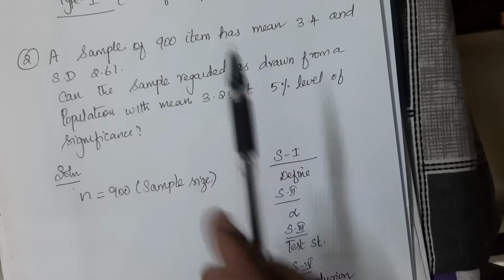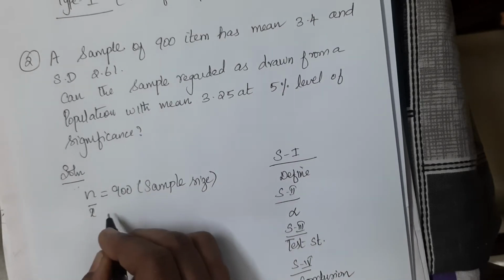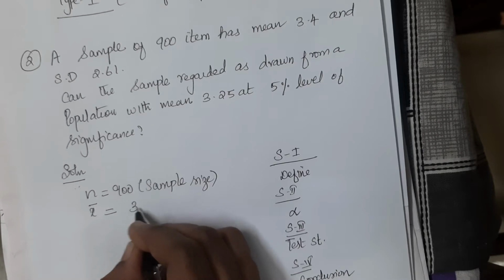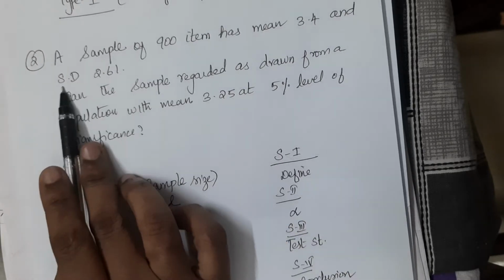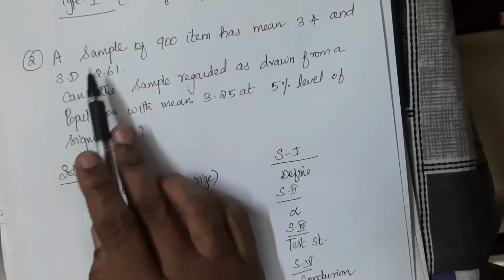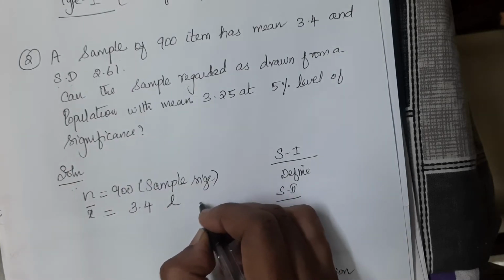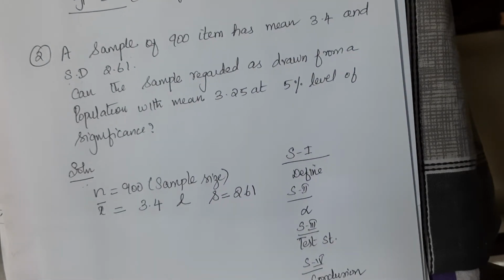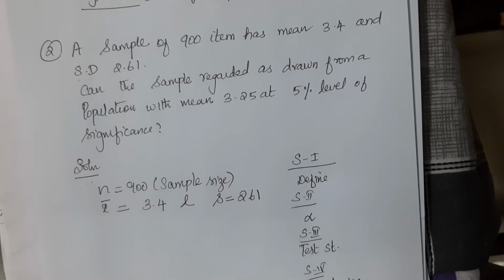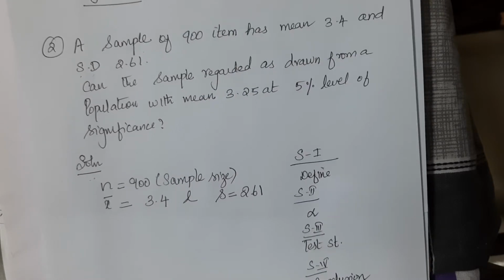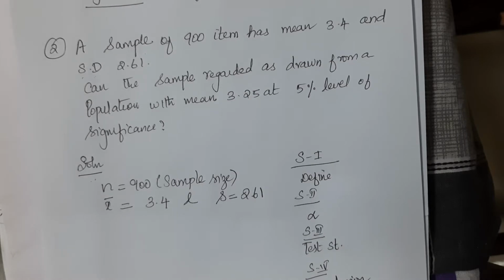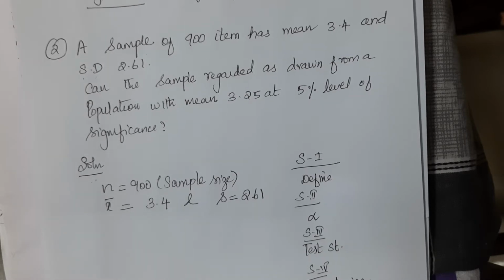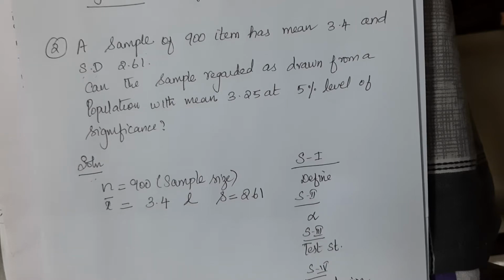The mean of a sample is denoted by x bar, so x bar is equal to 3.4, and the standard deviation of a sample is denoted by small s, small s equal to 2.61. In the introduction class itself, we saw that when testing a specified mean, we may be given either the standard deviation of a population, denoted by sigma, or the standard deviation of a sample, denoted by s.